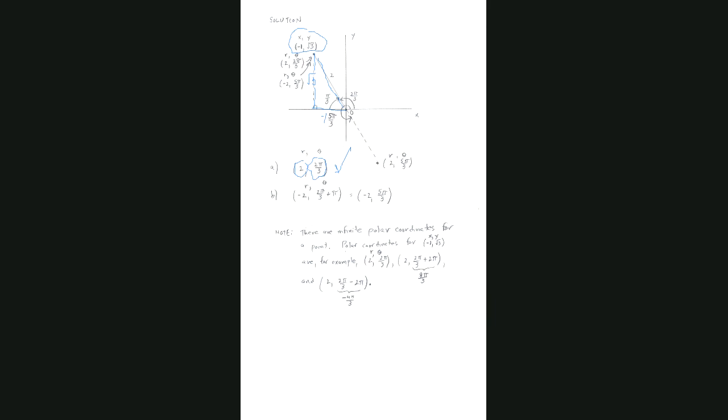Okay, for part B, we want the radius to be negative. What I do there for part B is, hold on, one moment.